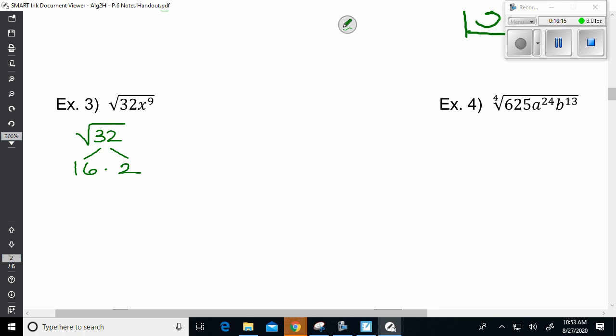Again, if you use 8 and 4, 4 is a perfect square, but that means you're going to have to do the problem twice. Square root of 16 is 4. The square root of 2 stays.